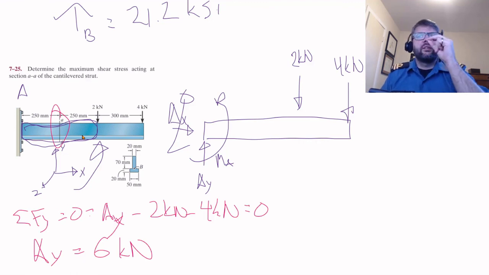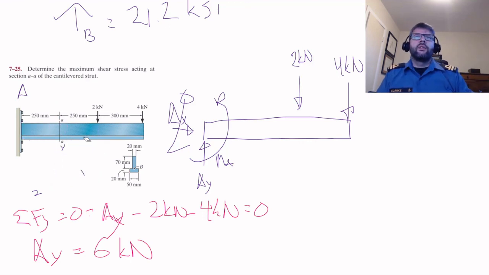It's acting at the neutral axis. So if we're talking the maximum shear stress, it's acting at the neutral axis, regardless of where we are along the span, regardless of where our X location is. That doesn't change at all.